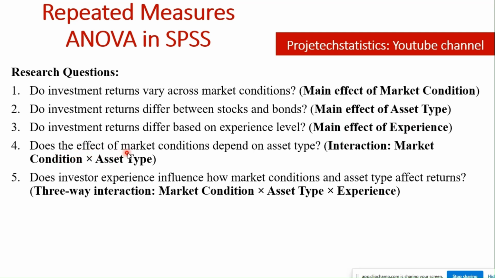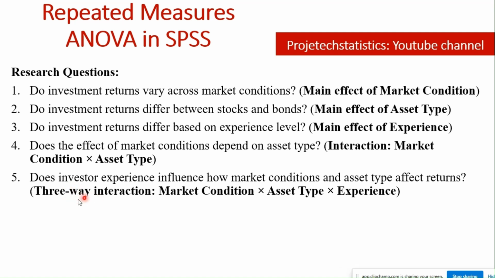Does the effect of market condition depend on asset class? So here now you are interacting between the two. There is this interaction effect between market condition and asset class. Then we also have: does investor experience influence how market condition and asset class affect returns?